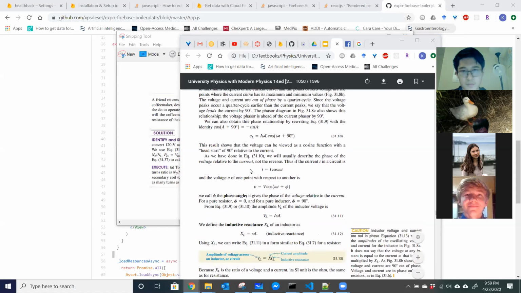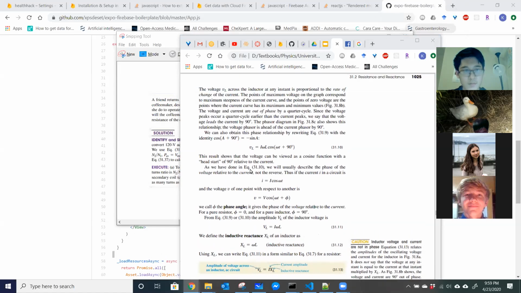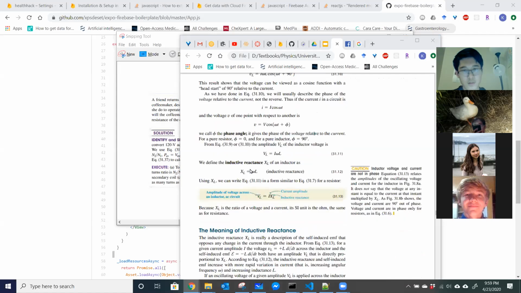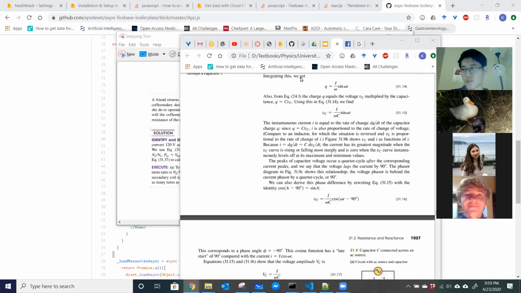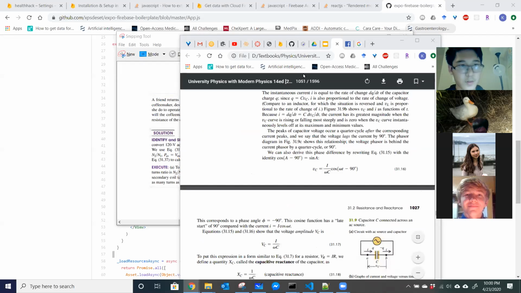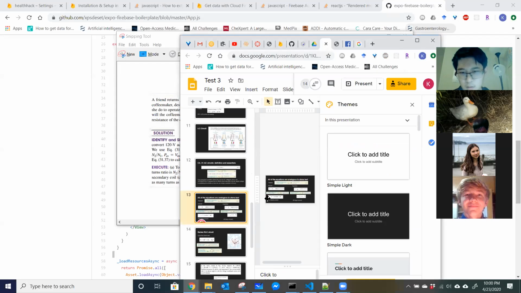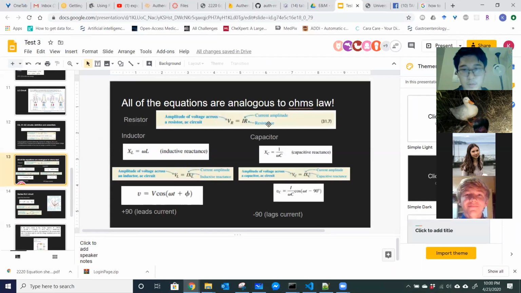Okay. I'm pretty sure this equation is correct. The voltage is equal to that. If you're still confused, the capacitance one, let me see. What did I write on here? I copied it from the book. Yeah, it's I. You're right, it is I.